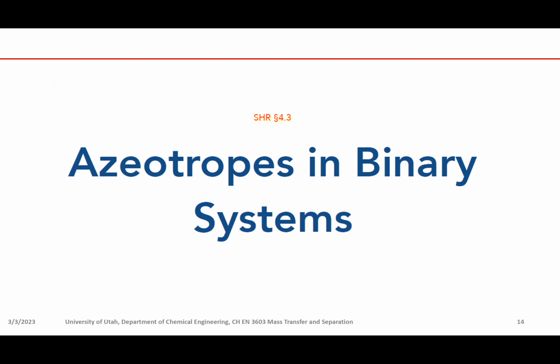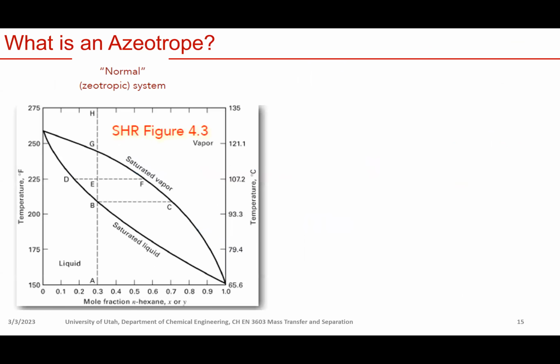So next we will talk about azeotropes in binary systems. An azeotrope is a special type of mixture that has quite distinctive features compared to a normal zeotropic system. So this is the TXY diagram of a normal zeotropic system, where both the bubble point line and the dew point line change with the composition monotonically, right?